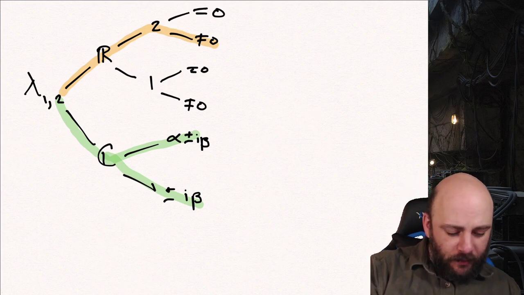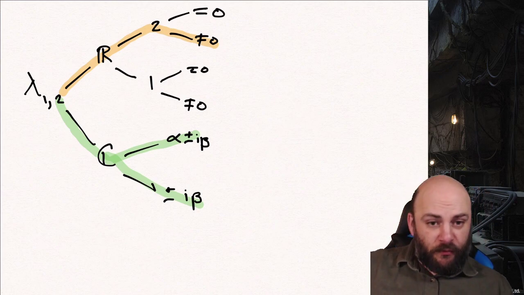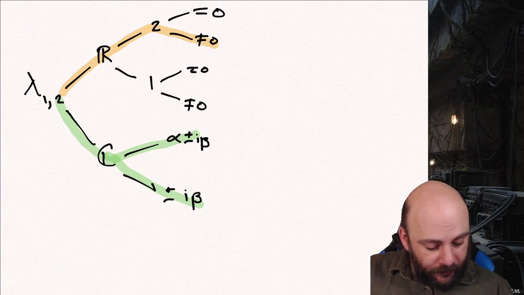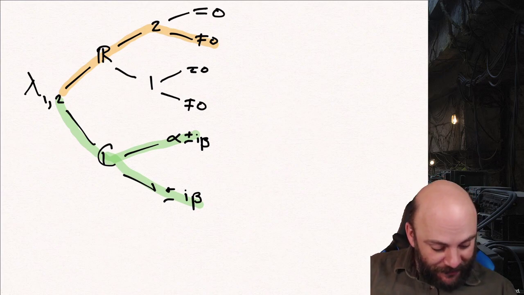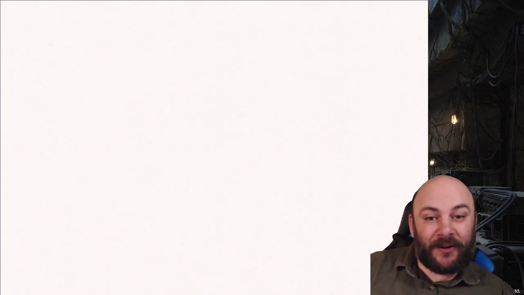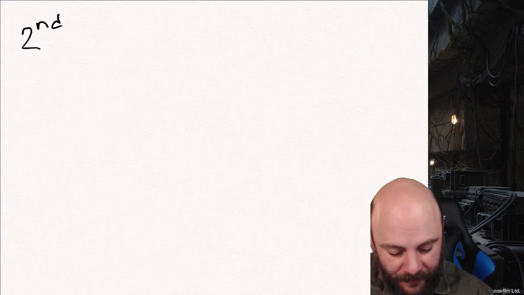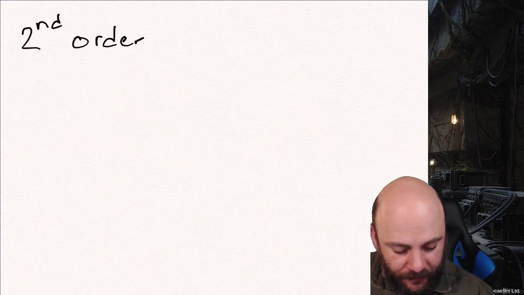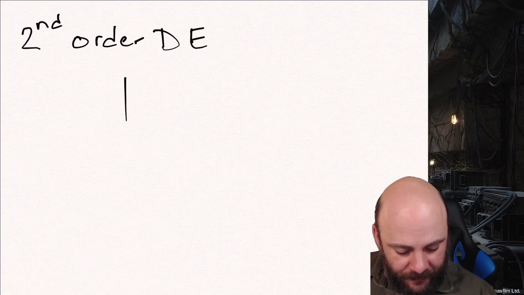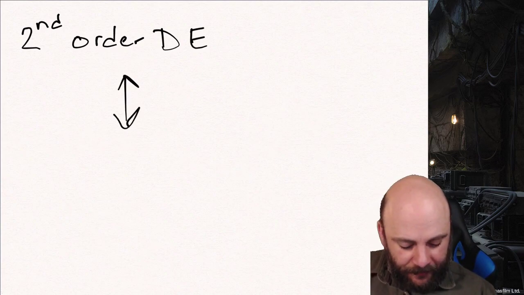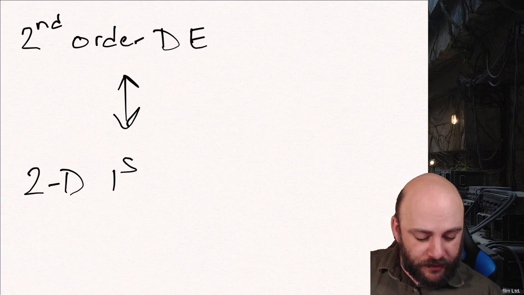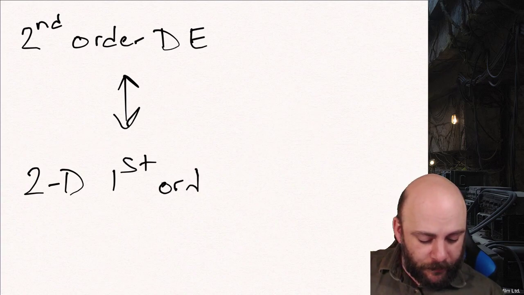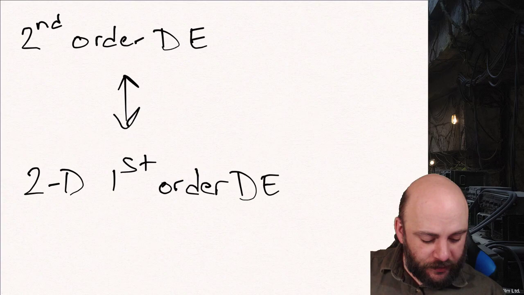There's a lot to go through here, and I'm actually going to do it in a very different way. I'm going to try to borrow from the lessons we learned from second order differential equations. What you should recall is that any second order differential equation is the exact same thing as a two-dimensional first order differential equation system.